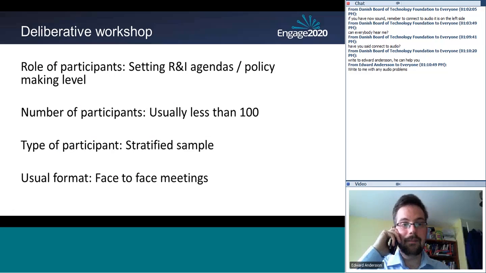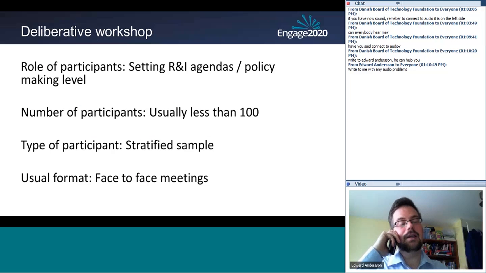Next slide. Deliberative workshops, like citizens' juries or the World Wide Views formats, have traditionally been used to set R&I agendas and at the policy-making level. Usually the individual meeting will have fewer than 100 participants, though that can vary. There is often a budget issue.